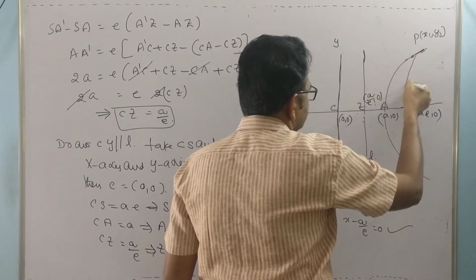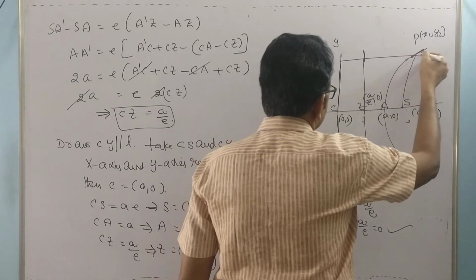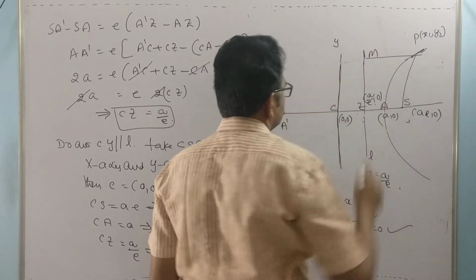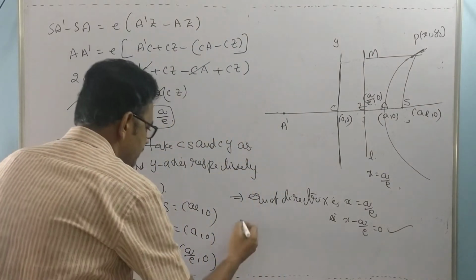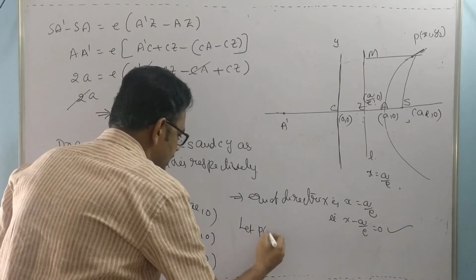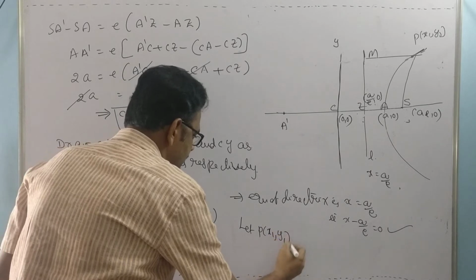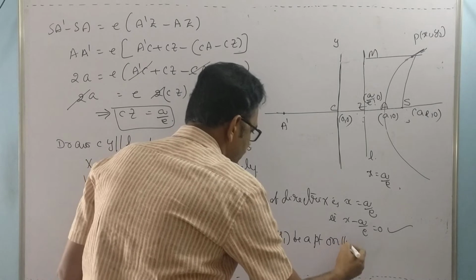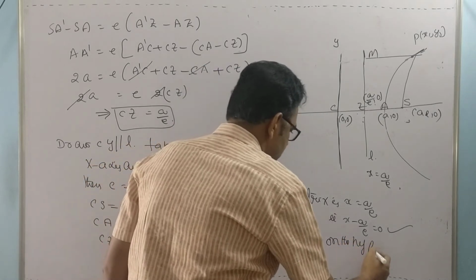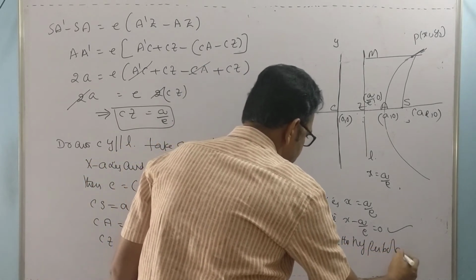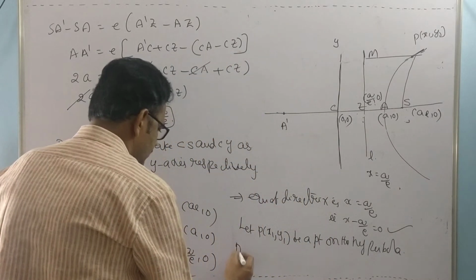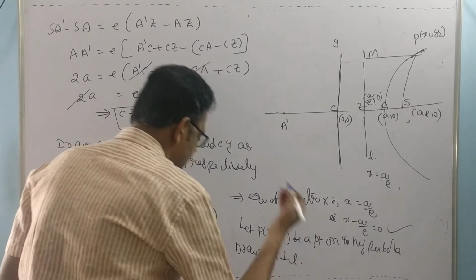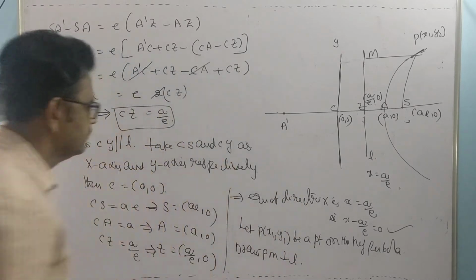So this is SP and draw PM perpendicular to L. This is M. Let P x1 comma y1 be a point on the hyperbola. And draw PM perpendicular to directrix. Just write down.